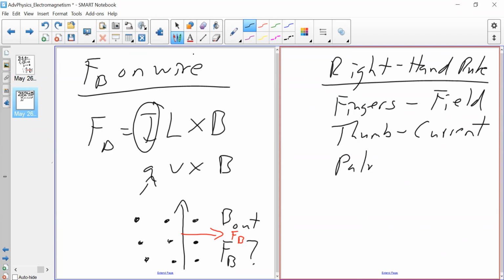Your palm is the force. So fingers out of this board as if a bunch of arrows are coming at your face, thumb pointing up, and your palm should be facing right. And that's why the magnetic force is to the right. And you guys see that? Okay.